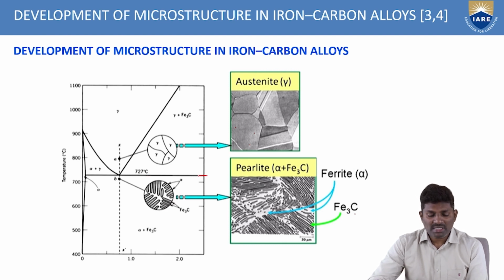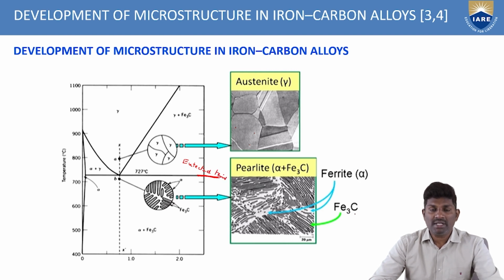Now after crossing this eutectoid temperature, eutectoid. So this point is called eutectoid temperature, that is the 727 degrees centigrade. Up to 727 degrees centigrade, there is no transformation in the austenite. After crossing that 727 or the eutectoid temperature, this austenite is slowly transforming into the pearlite, which is a combination of the ferrite as well as the cementite.